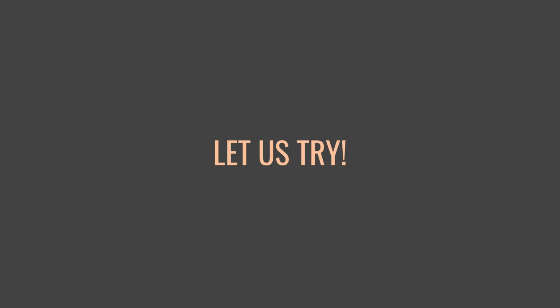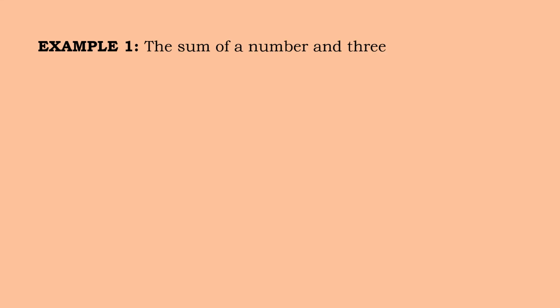So let us try. We have here an example, the sum of a number and 3. From our previous topic about symbols, the sum denotes addition. If this is our given, a number, we can use X or any letter in the alphabet to represent the number.